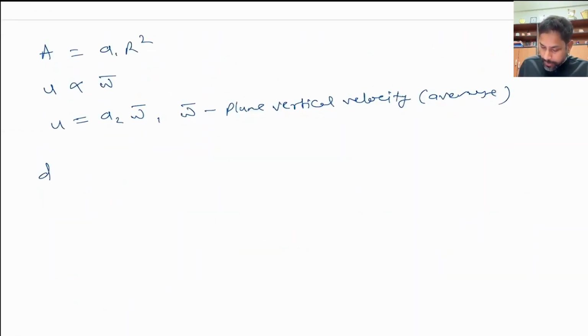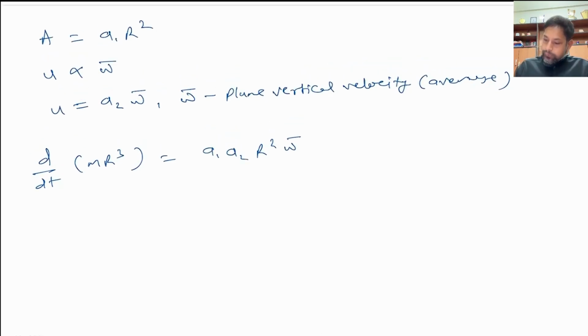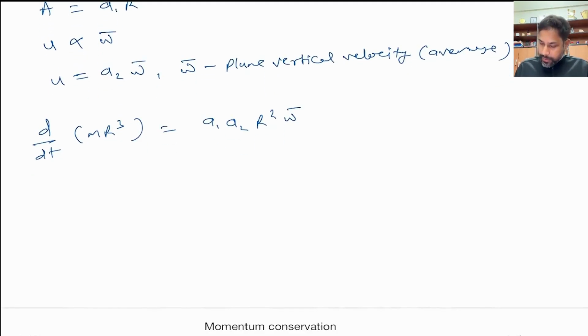So this equation now becomes m r cube is equal to A1 A2 r square W bar. Okay, and now what we will do, instead of considering both A1 and A2, we'll define that as a single constant. So we will assume this is equal to A, which is another constant.